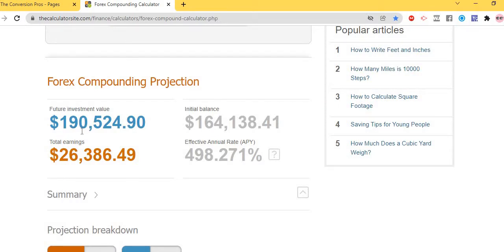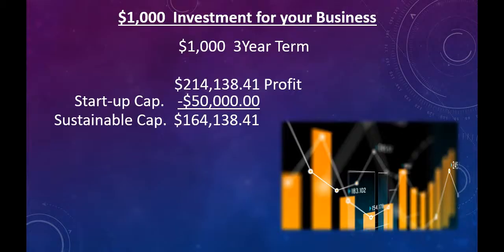So we made 190,524.90. Now check this out. This is our working capital right here: $26,000 is our working capital. So now we know what our working capital is.